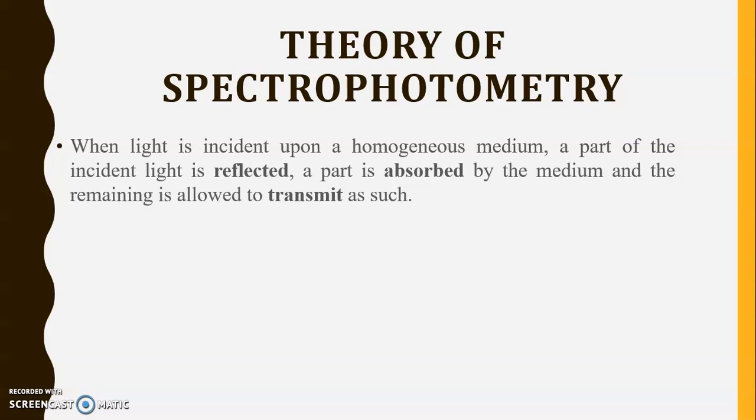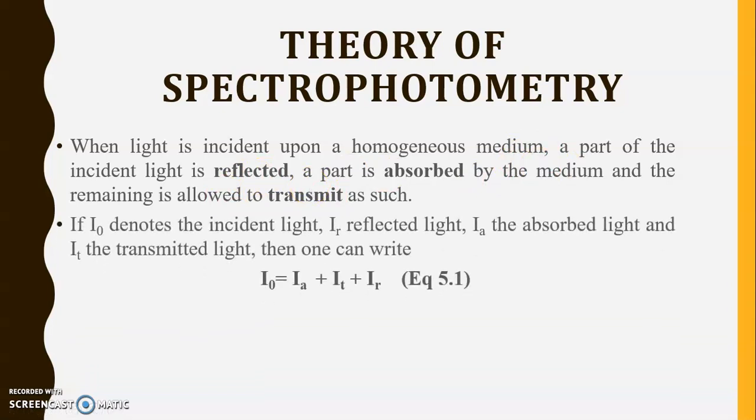Now here, when light is incident upon a homogeneous medium, or you can say a transparent medium, a part of the incident light is reflected. Means whatever light is falling on your sample or the homogeneous medium, part of that incident light is reflected, part is absorbed by the medium and the remaining is allowed to transmit as such.